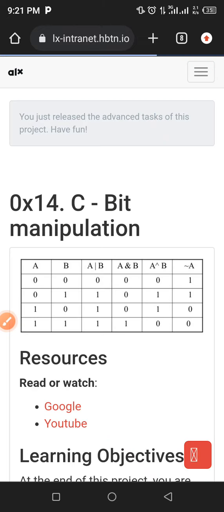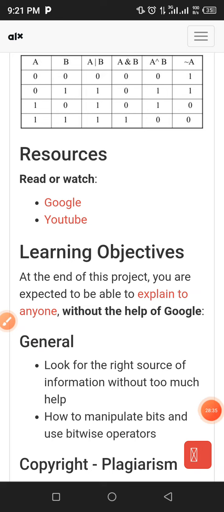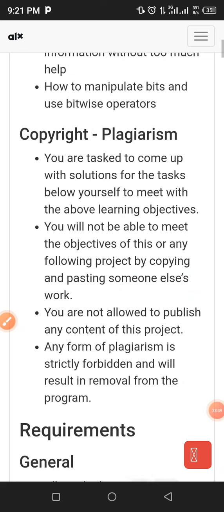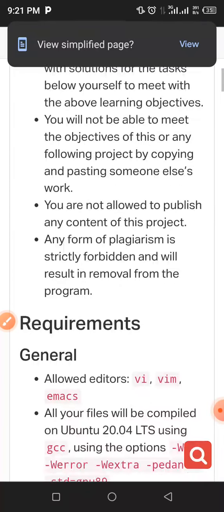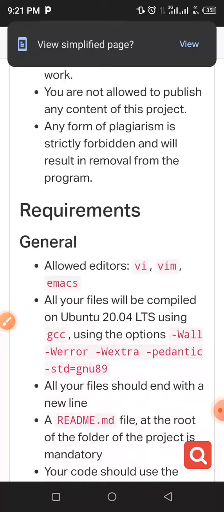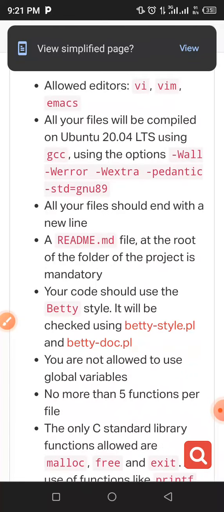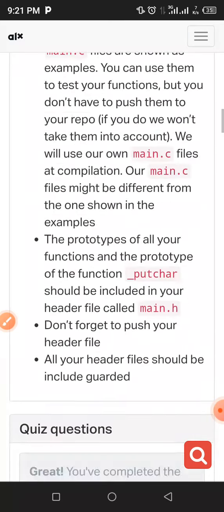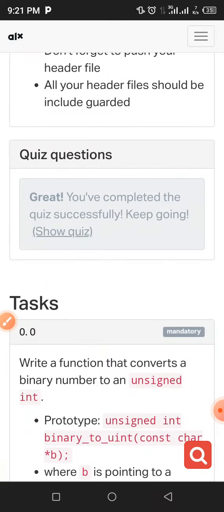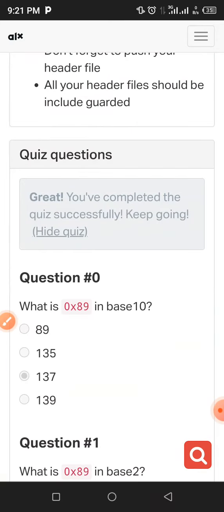So that's the aim. The first thing we have here after this much explanation is our quiz. Okay, so I'm going to open this so you see what we have there.